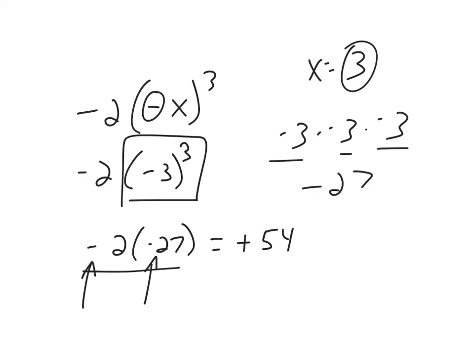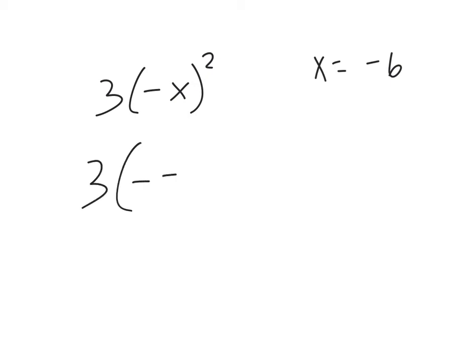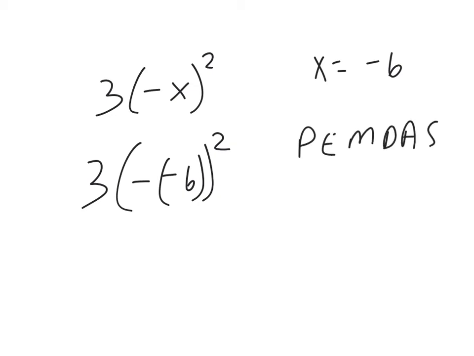Now, what happens if I have a negative there, and then I say that x is negative 6? What's going to happen then? So I got 3, and then I got my negative, and then I got a negative 6 here, and then I got to square it. Now this is a little bit confusing because PEMDAS, we have to do the parentheses first.